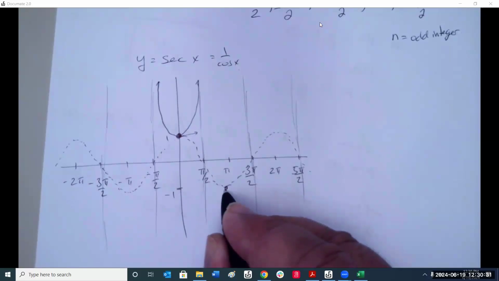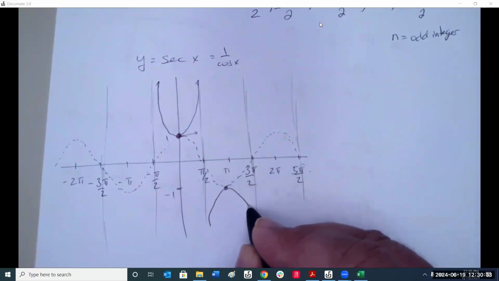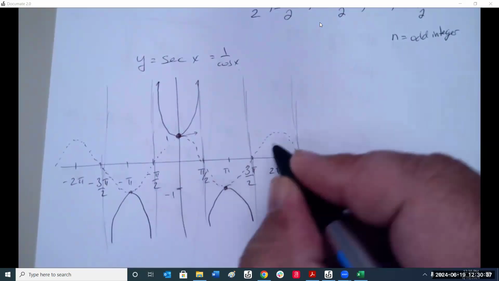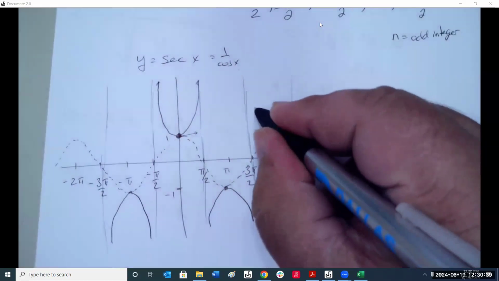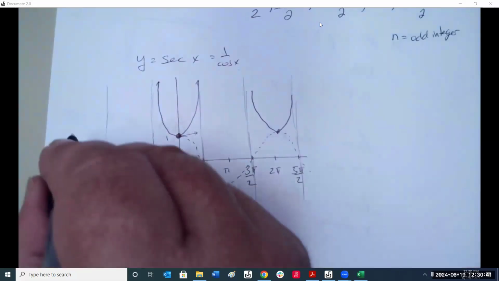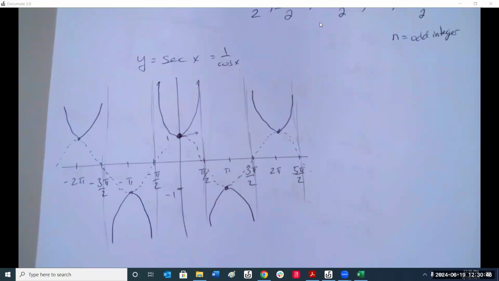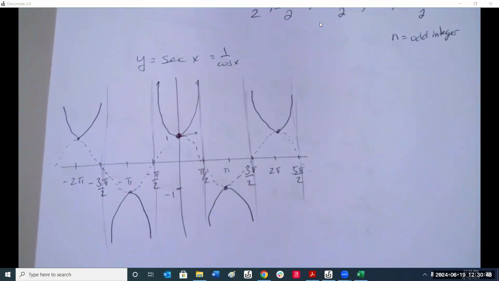So these are our vertices, and it goes from there. That's the secant function. It all depends on the cosine value.